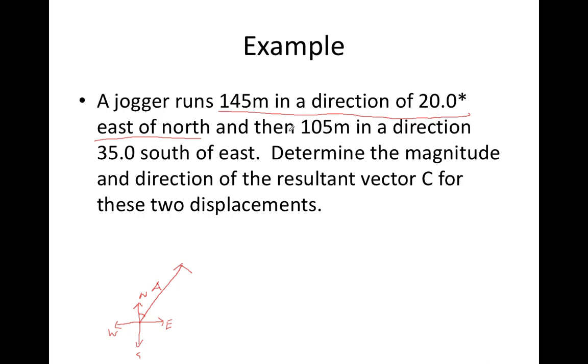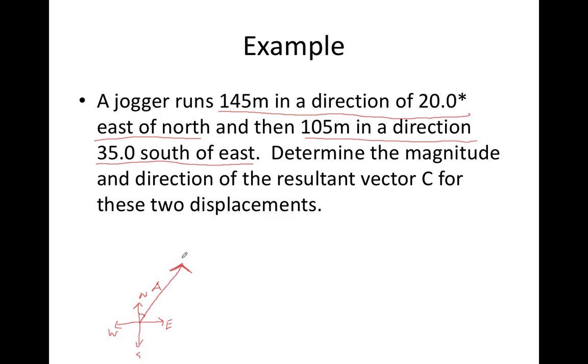And then vector B is this one. It says 105 meters in a direction 35 degrees south of east. So you have to draw this using the head to tail method. And so the next vector is going to be drawn at this location, at the head of the first vector.